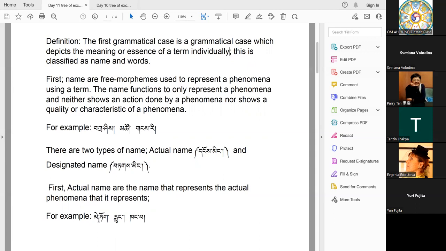Okay, first, actual name. Definition. Actual names are the name or names that represent the actual phenomena that they represent. So these are the names of the things that when we say those names, they actually represent that very phenomena.